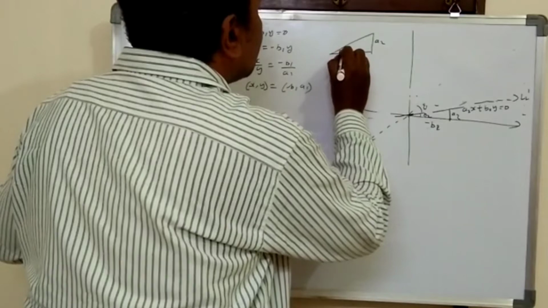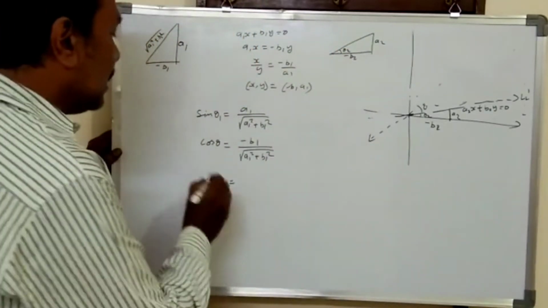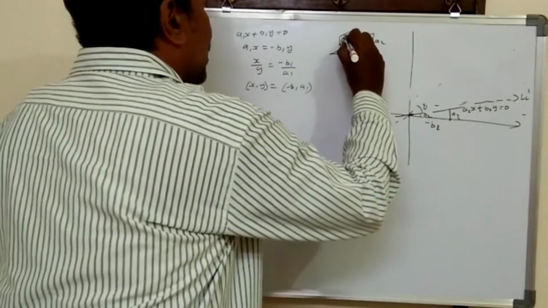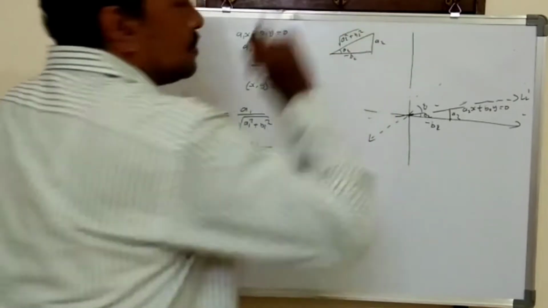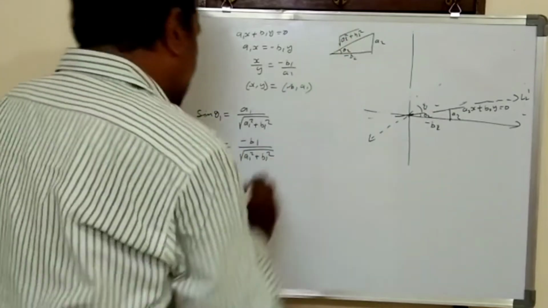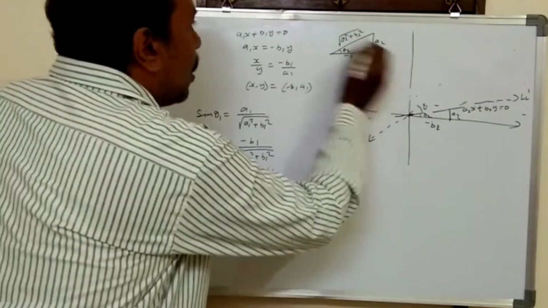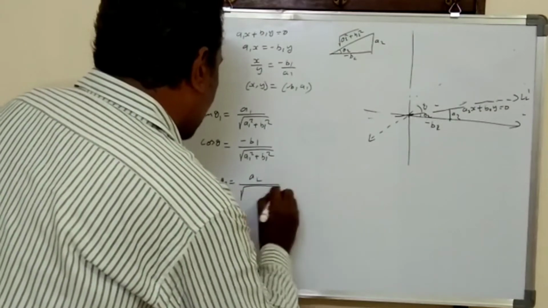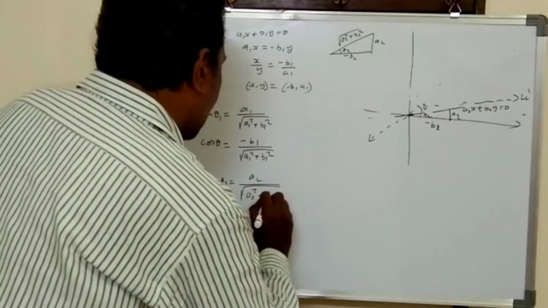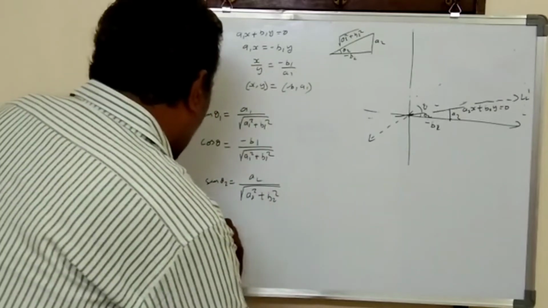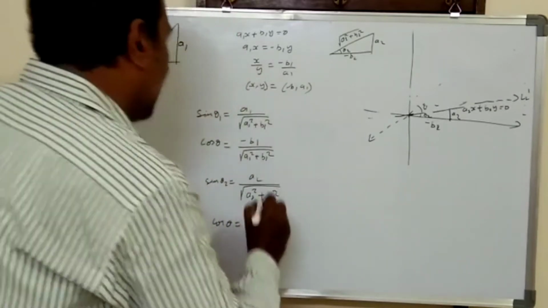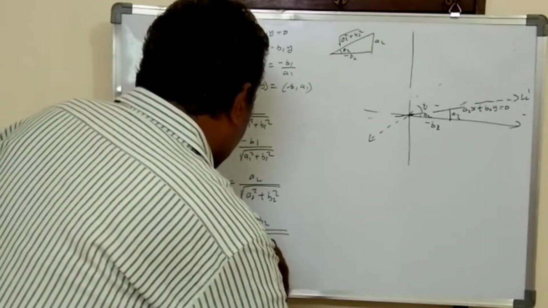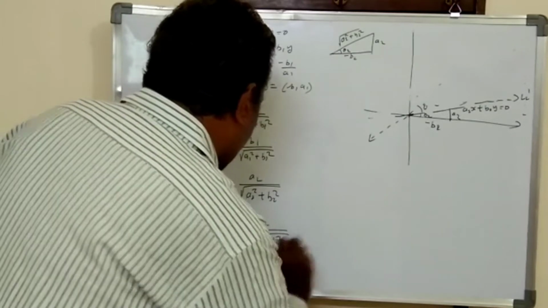And this is theta 2. The hypotenuse is square root of a2 square plus b2 square, isn't it? So sin theta is equal to opposite side by hypotenuse, that is a2 by square root of a2 square plus b2 square. Now cos theta is equal to minus b2 by square root of a2 square plus b2 square.